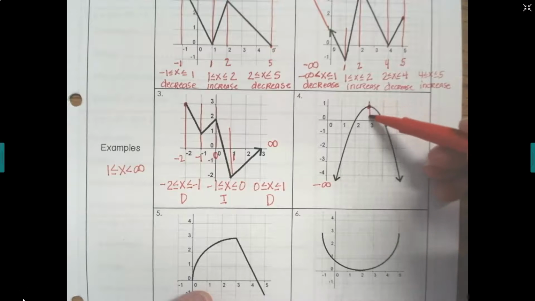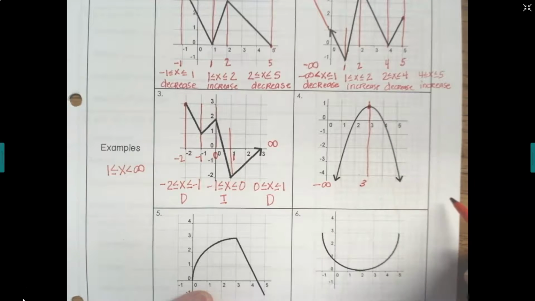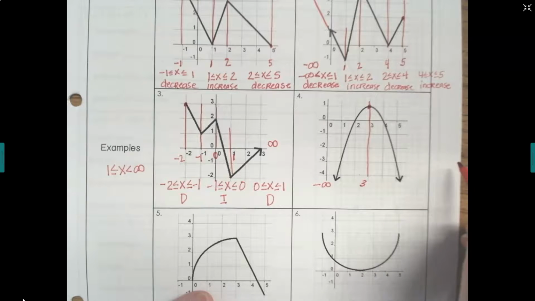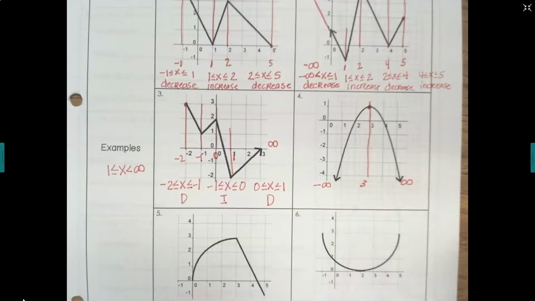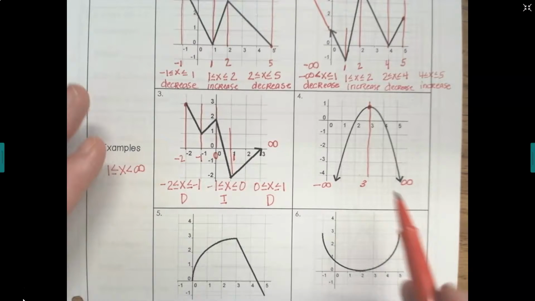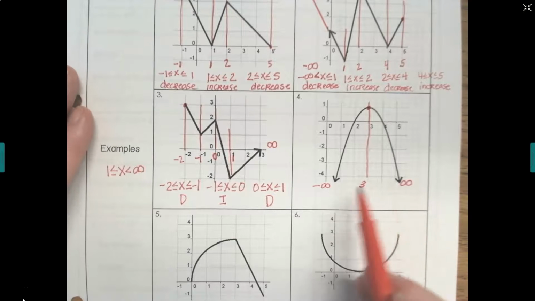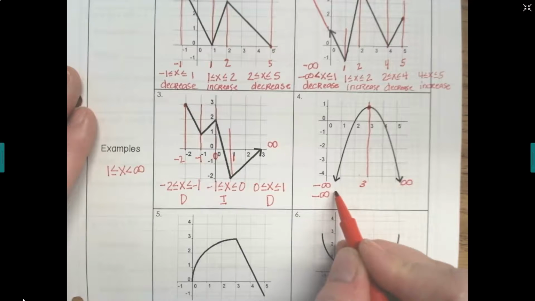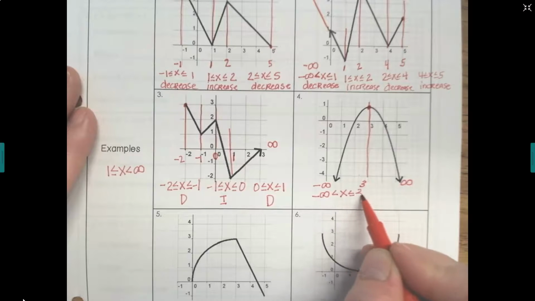So what is that x value? In this case it is a positive 3. And then on this side of the graph, it's going to go forever and ever to the right. So x's forever and ever to the right are positive infinity. Doing it this way, when you write on the graph, it helps you see your intervals. So I have from negative infinity, remember we can't be equal to it, less than x, which is less than or equal to 3.